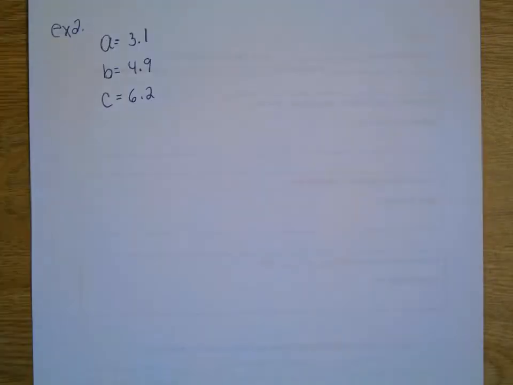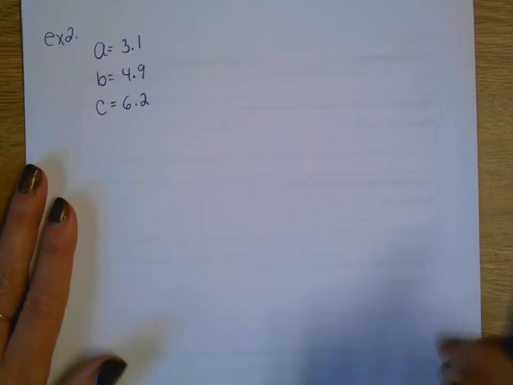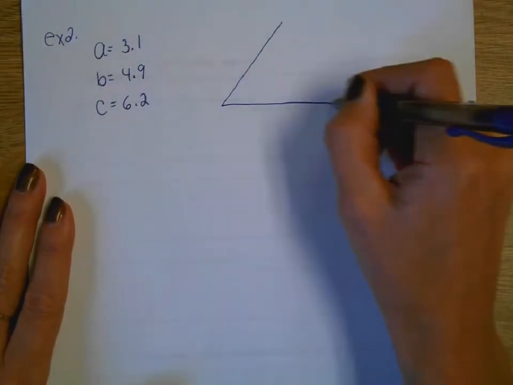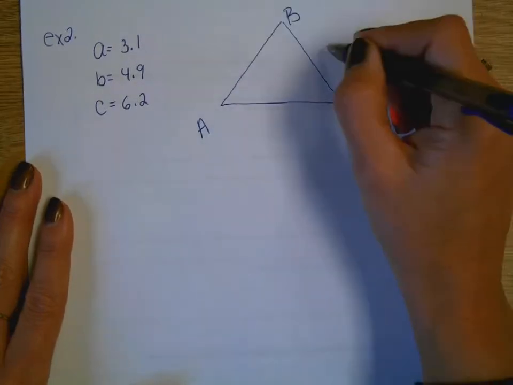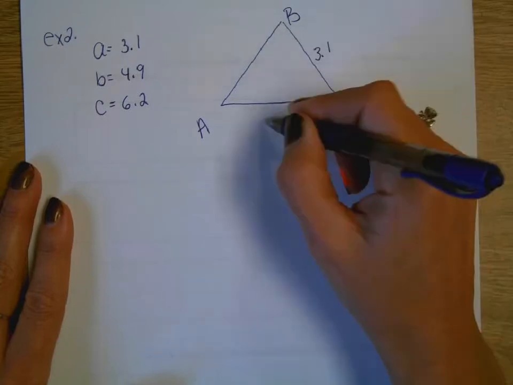Where are my formulas? I'll show you on here when we do it. So we've got all three sides known. Little a is 3.1, little b 4.9.